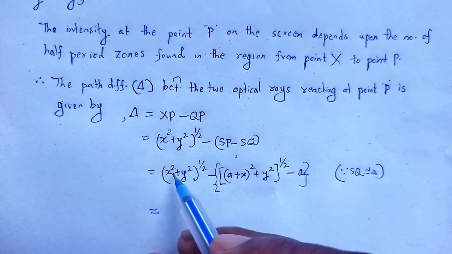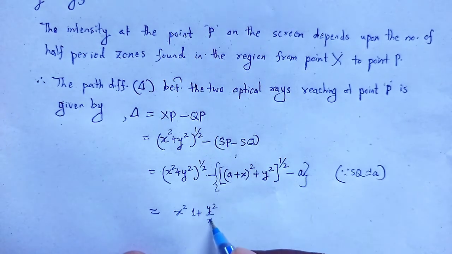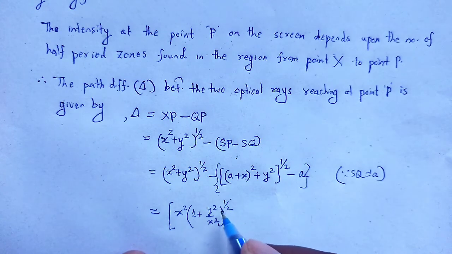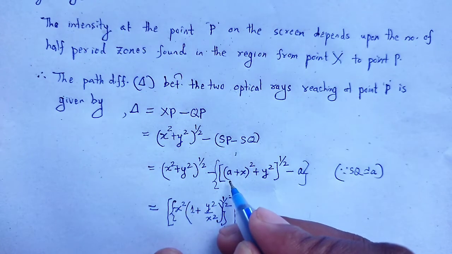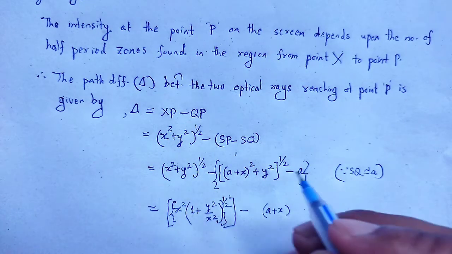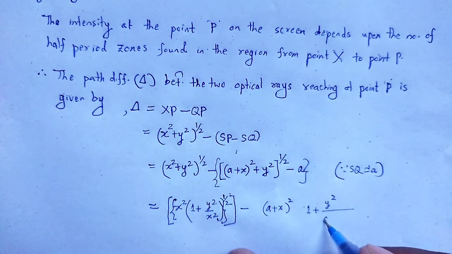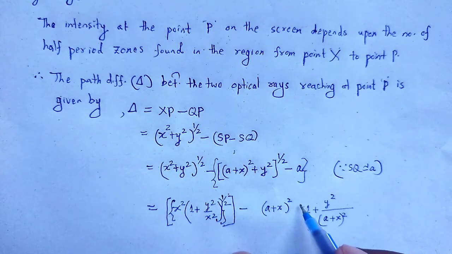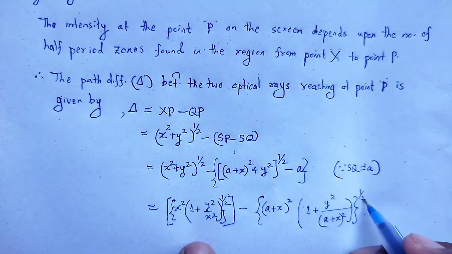Taking x square as common, we have x square times 1 plus y square by x square, under root, minus, here we take a plus x square as common, inside the bracket we have 1 plus y square divided by a plus x square, to the power half, minus a.